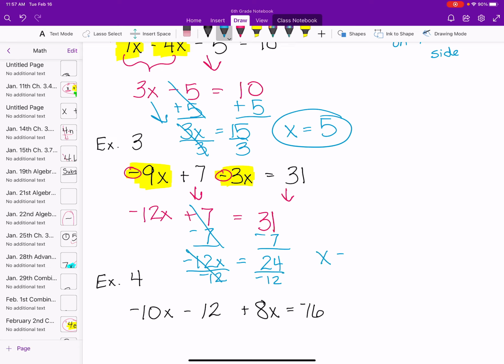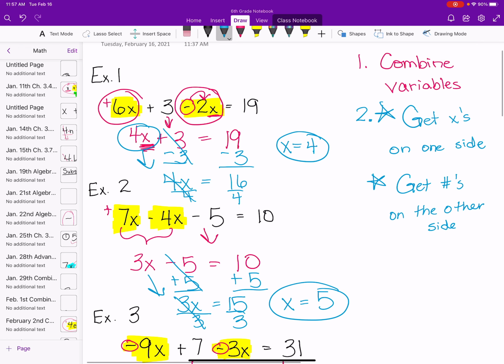And I get x is equal to negative 2. Okay, so I combined variables, which got me negative 12x. Then I did the opposite of my addition and subtraction. So it got me negative 12x is equal to 24 now. And then I did the opposite of multiplication, divide, and I got x is equal to negative 2.